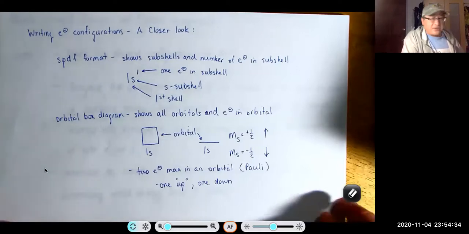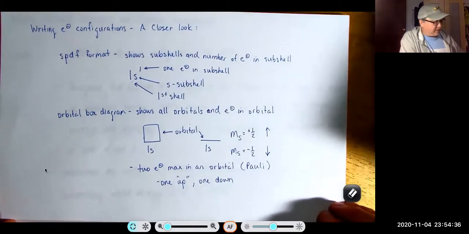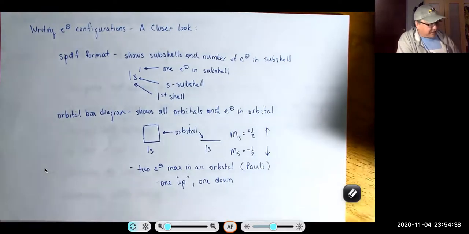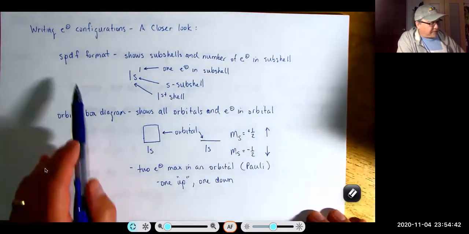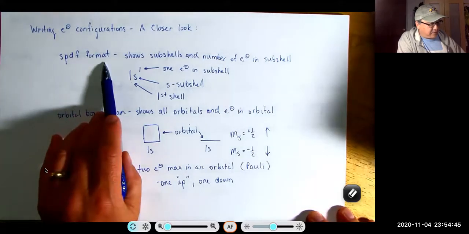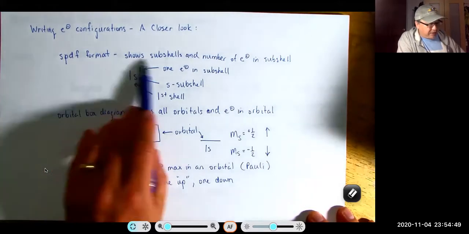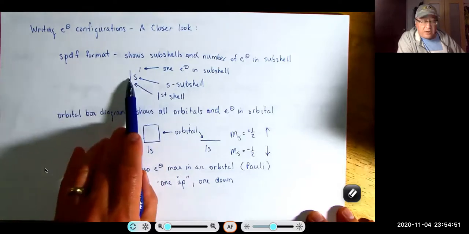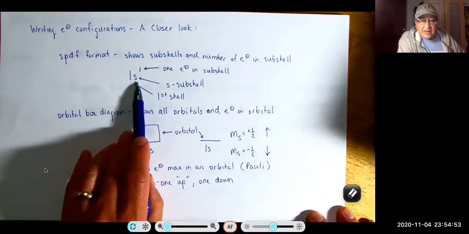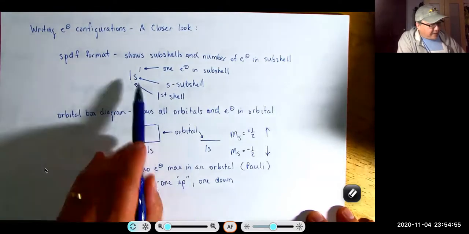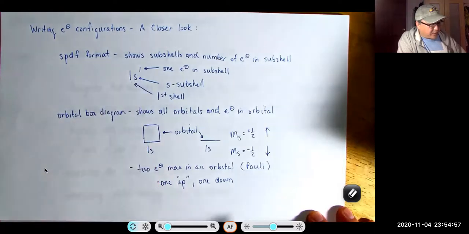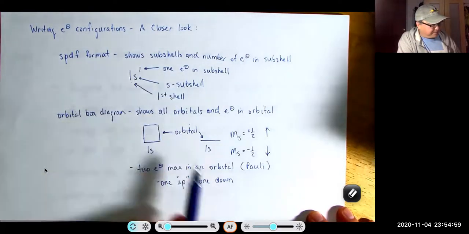So, writing electron configurations, a closer look. These are things that I kind of explained to you just a moment ago, but we're going to look at them again. For the spdf format, you start off with the most stable subshell, and you write the shell number and the subshell type, and then the number of electrons in that subshell. So this is 1s1 for hydrogen.